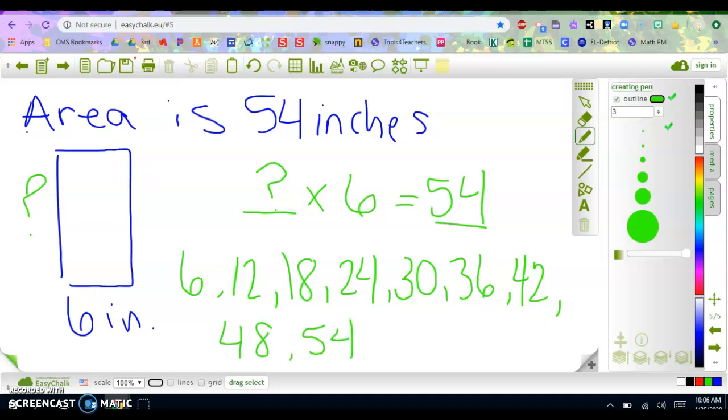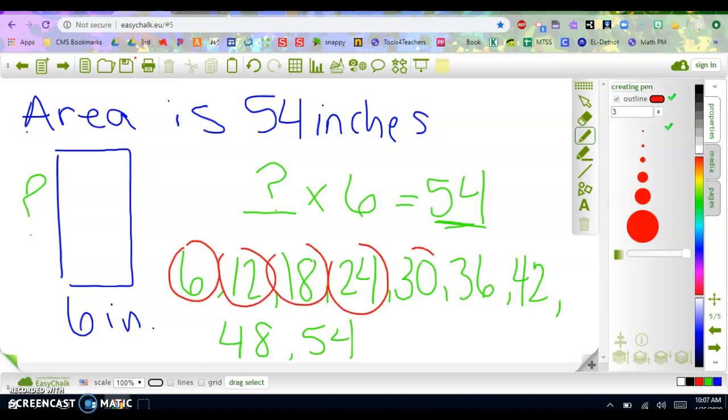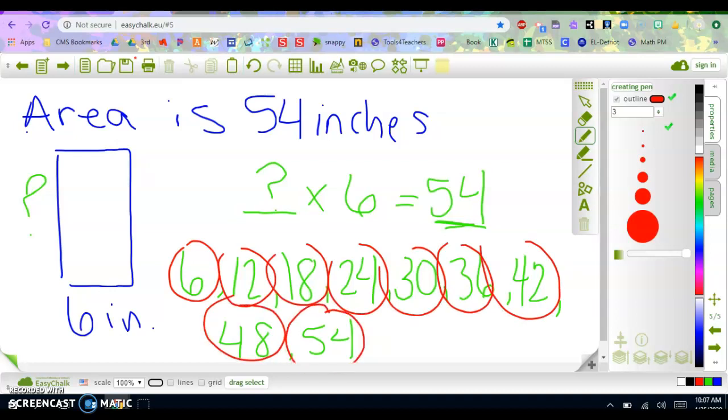So I got to my goal, which was 54. So now I just need to figure out, well, how many times did I have to skip count by 6 in order to get to 54? 1, 2, 3, 4, 5, 6, 7, 8, 9. I had to skip count 9 times, so this missing side is 9 inches.